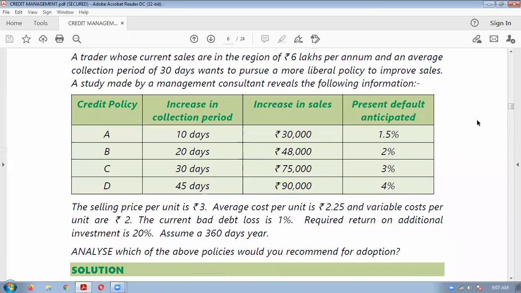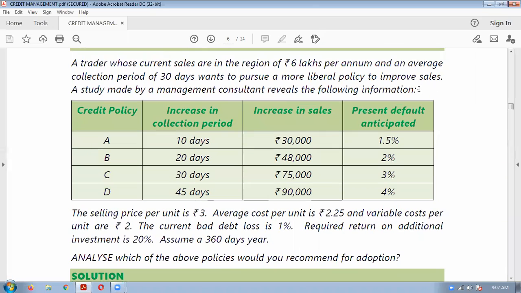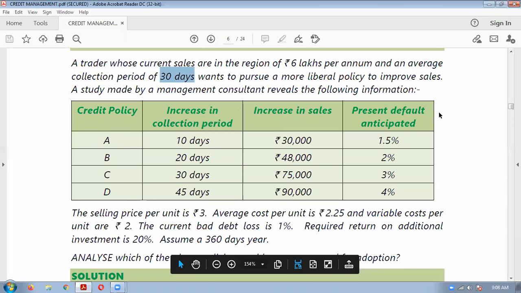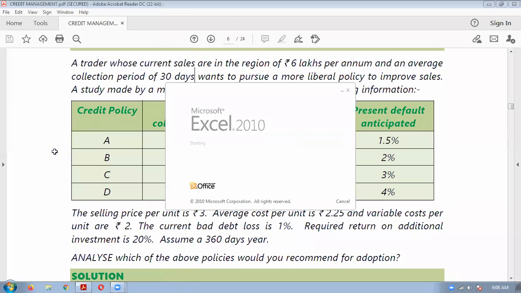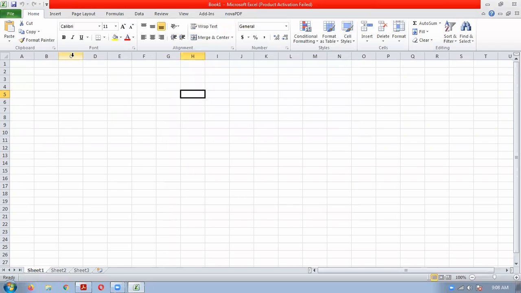So now we will start with our illustration on how to solve this. Present policy is 30 days and proposed policies are given. 4 policies are proposed by the trader. We have to select the best policy. So how do we start the evaluation of credit policies?